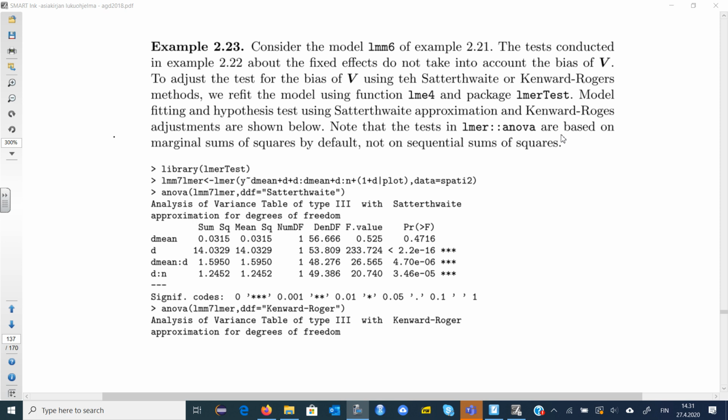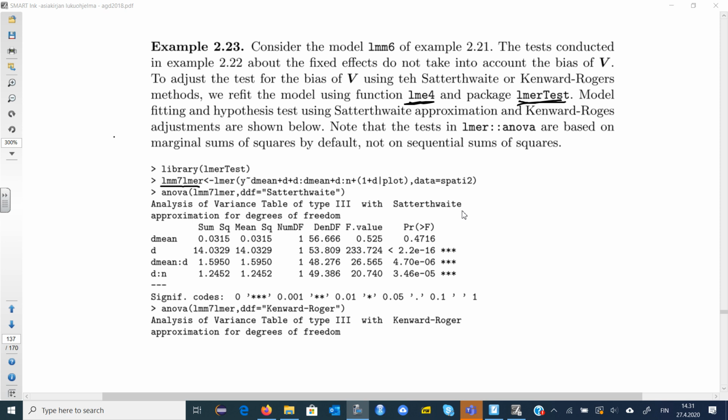That is not possible using models fitted with the nlme package, but we can instead use package lme4 and especially lmerTest, which builds testing on models fitted using package lme4. And here we are doing that.